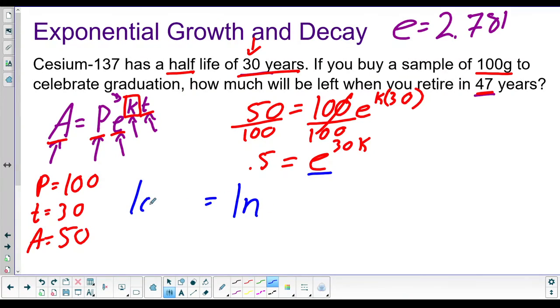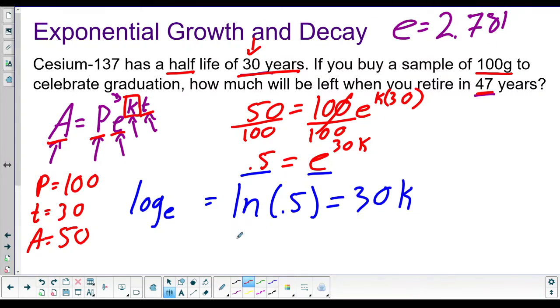That just means log base e. This shows up often enough that it has its own special name, ln. The argument of our log is the answer to the exponential, so 0.5, and the logarithm tells us the exponent, so 30k.